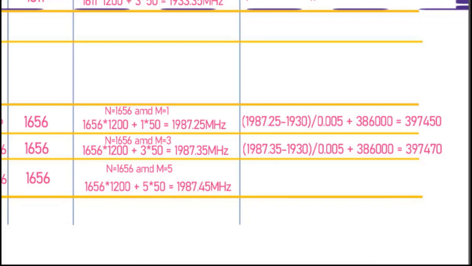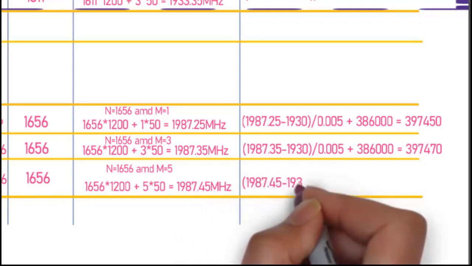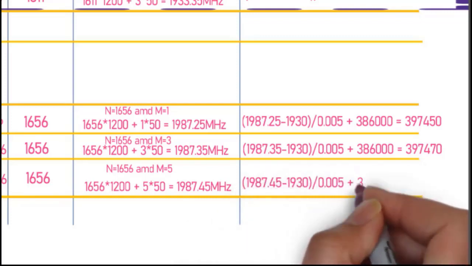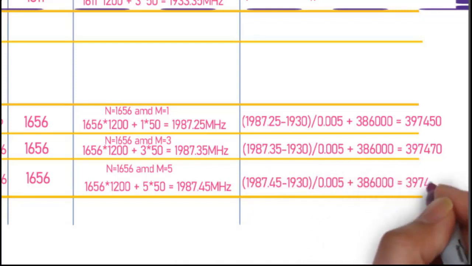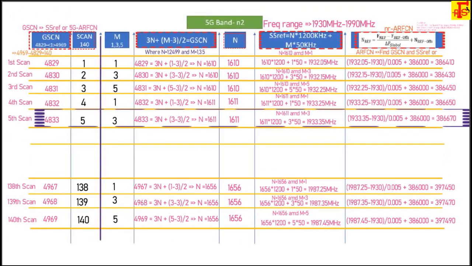The AFCN value from the formula FREF minus FREF offset, delta F global, 1987.45 minus 1930, 0.005, comes to 397490. This is the AFCN and the frequency is 1987.45 megahertz.